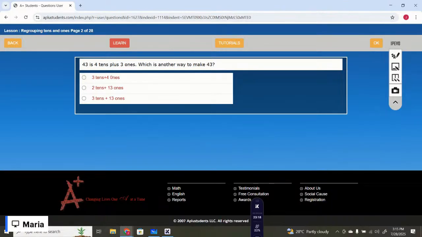Forty-three is 4 tens plus 3 ones, which is another way to make 43.